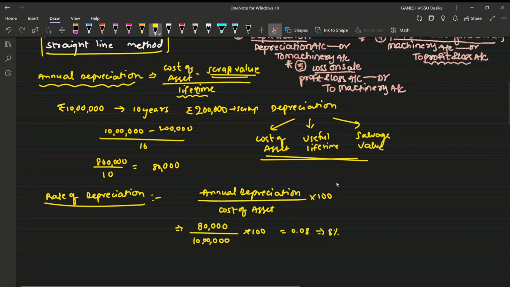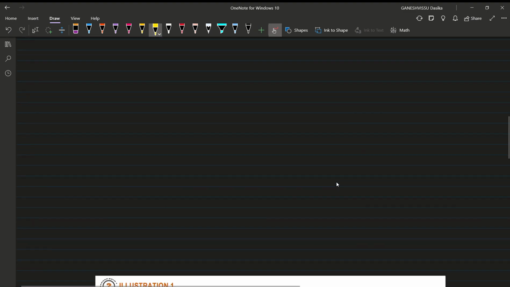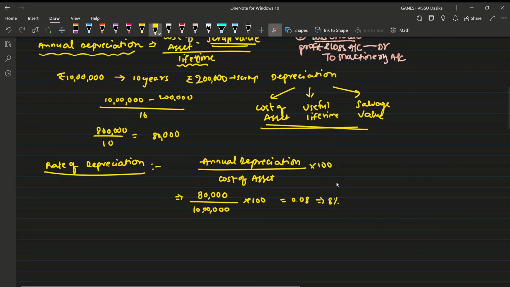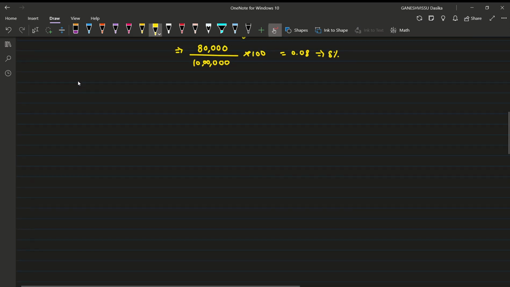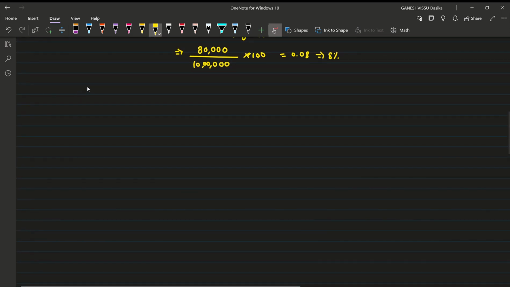Okay, let us see what would be the entry for depreciation here. When the asset of rupees 10 lakhs has been purchased, what would be the entry? Asset account debit, that is machinery account debit, to bank account, for 10 lakh rupees.